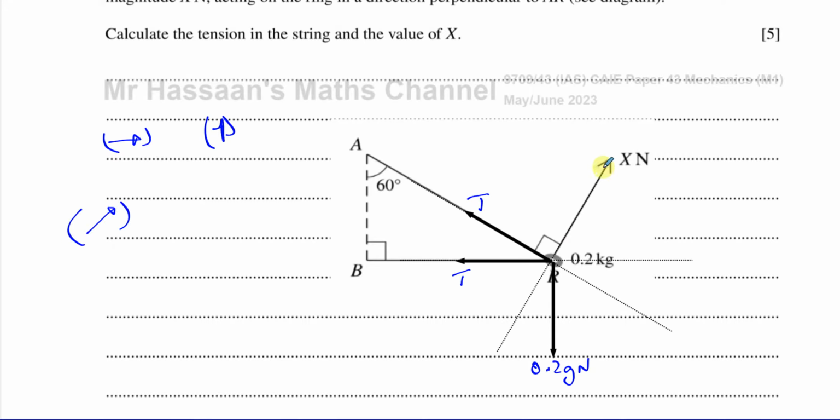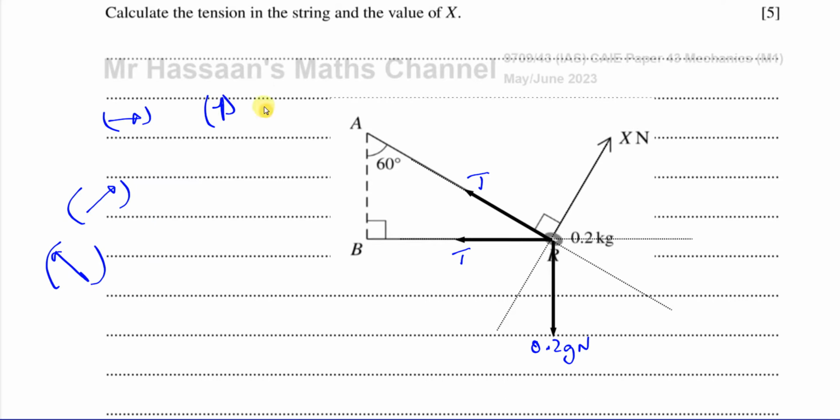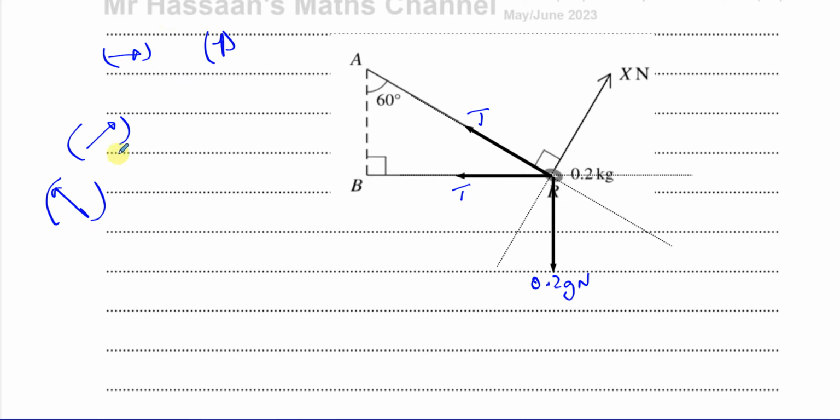So I'm going to resolve parallel to X and perpendicular to X. That way the forces acting perpendicular to the direction I'm resolving in won't have any effect. So I'm going to do this first, and then maybe I'll do the other way just to see which turns out to be easier. But when I see forces perpendicular to each other, this is what I tend to try to do.